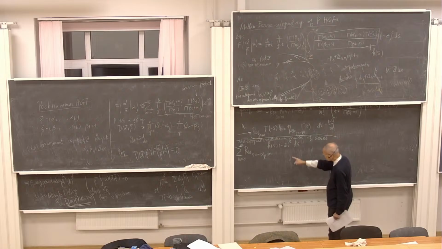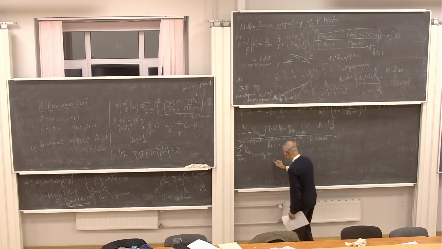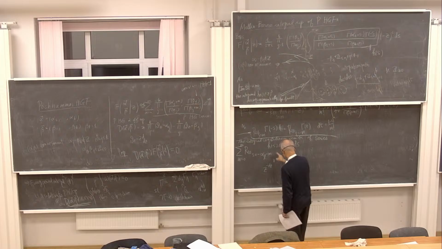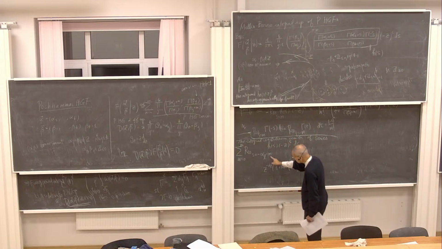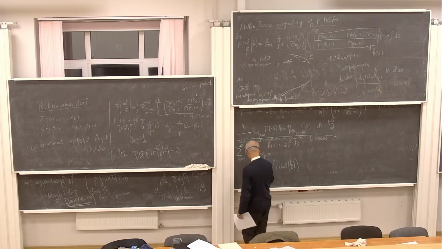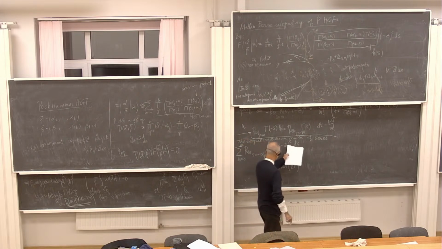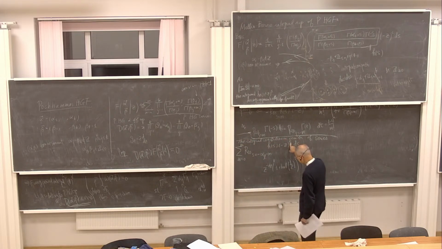And now I have a series that begins with z to the power minus alpha l, m equals 0, with m increasing, that is, z to the power minus m times z to the power minus alpha l.